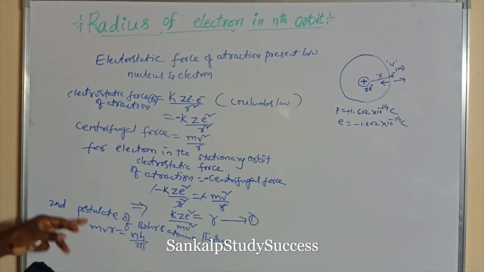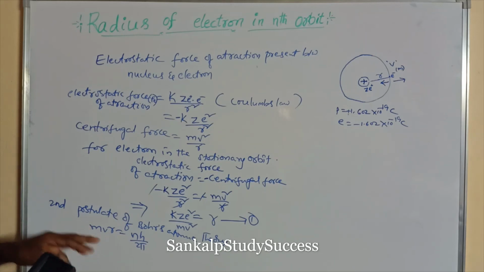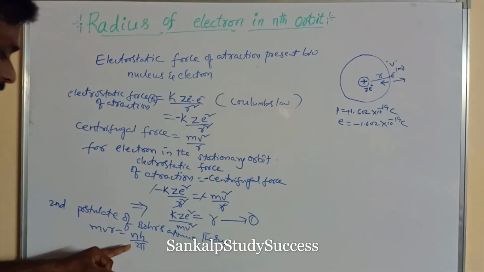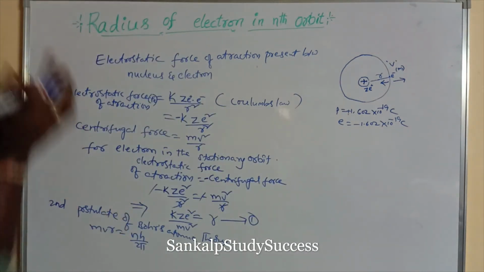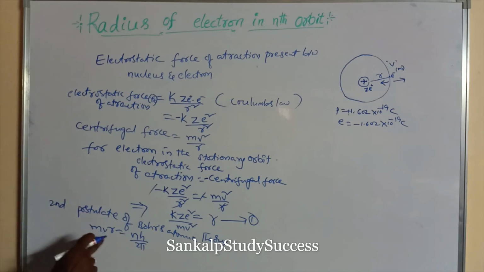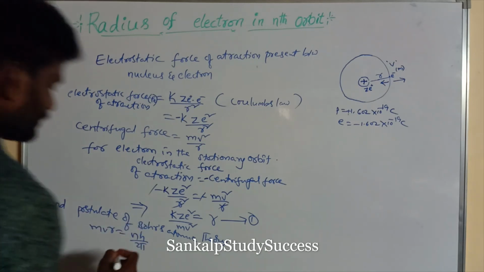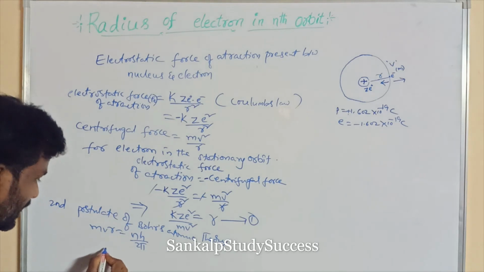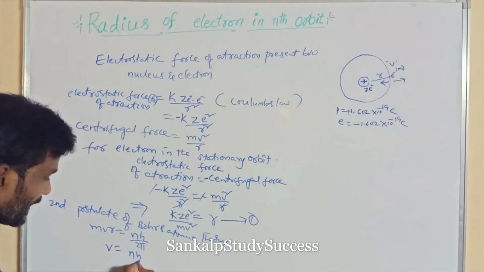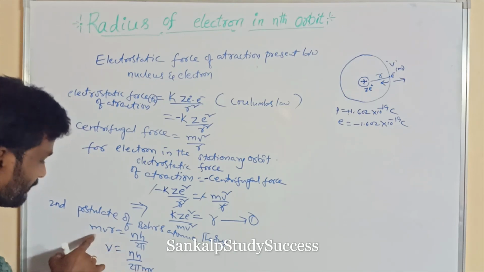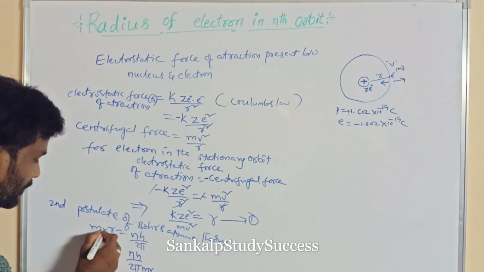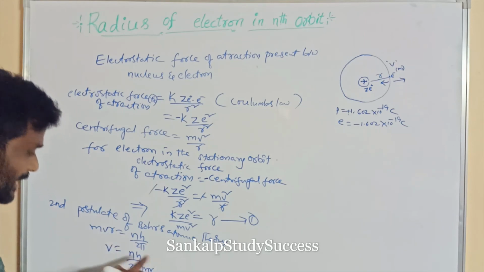The angular momentum of the electron in the orbit is equal to an integral multiple of h by 2 pi, where n is equal to 1, 2, 3 and so on. So mvr is equal to nh by 2 pi, where v is equal to nh by 2 pi mr. This is equation 2.